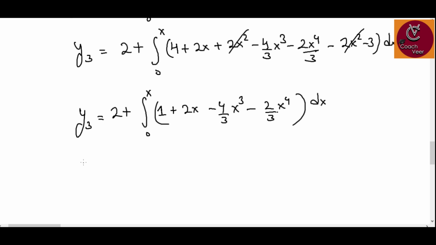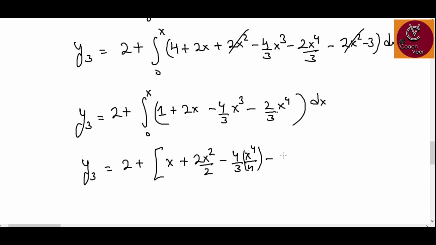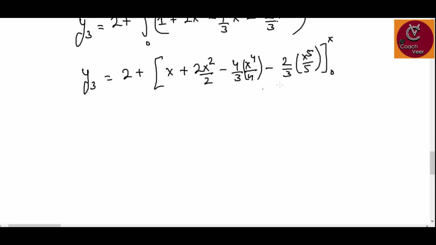Let's do the integration part. So we get x plus 2x square by 2, negative 4 by 3 x to the power 4 by 4, negative 2 by 3 x to the power 5 by 5. Everything has a limit from 0 to x, lower 0, upper x. Now 0 has no meaning, as I already suggested, so we are just going to write 2 plus x.